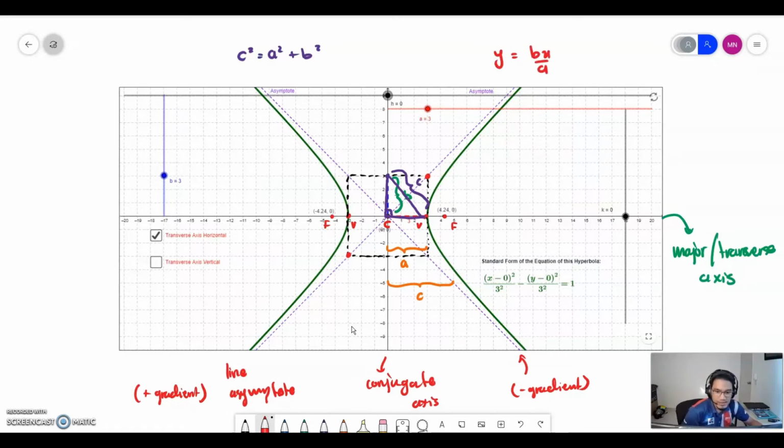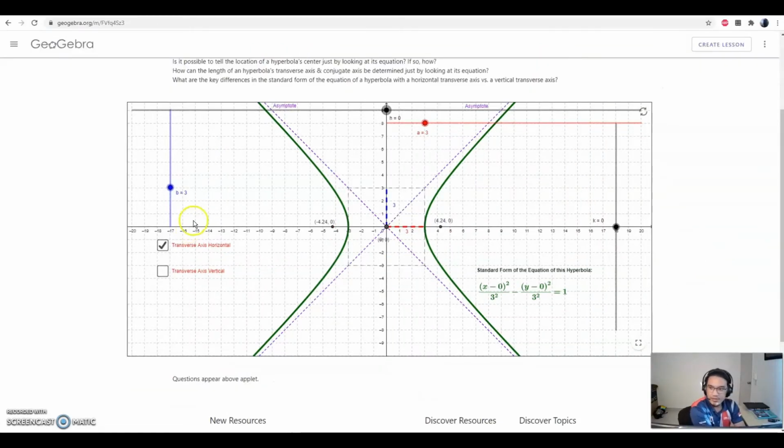For the asymptote where the gradient is negative, that will be y equals negative bx over a. We also have the latus rectum for a hyperbola, which is here. The equation for the latus rectum is 2b squared over a.